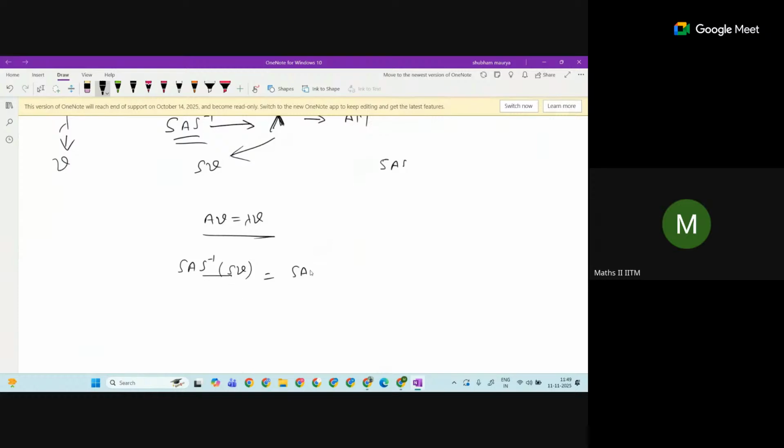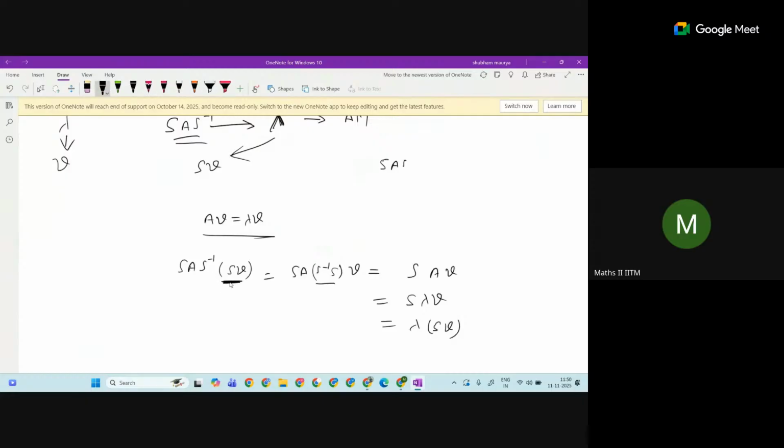S inverse S is going to be identity, so you cannot even write it. This is just V. So this is going to be S A V, and now this AV is your lambda V. Lambda is a scalar, so you can take it out. This is lambda S V. Now see what is happening here. This is a single vector, right?